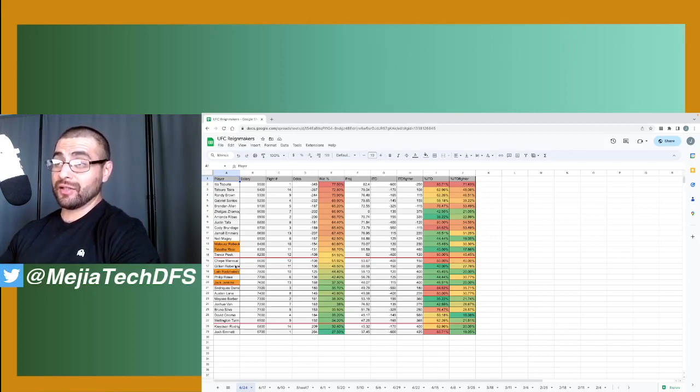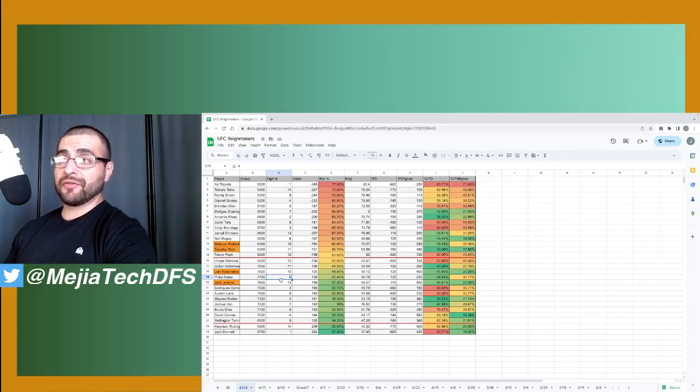If you look here, for this upcoming fight card, the underdogs are priced at 8,000 and below. This gives us an opportunity to leave salary on the table, and that's important because leaving salary is one way to get different from the rest of the field, and having many live dogs gives us the opportunity to do so.